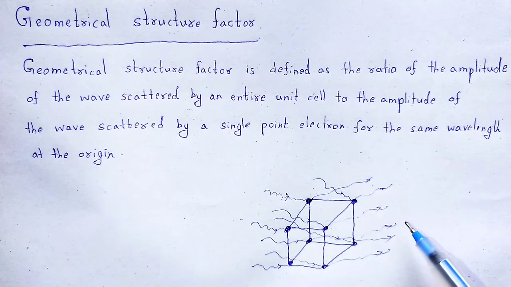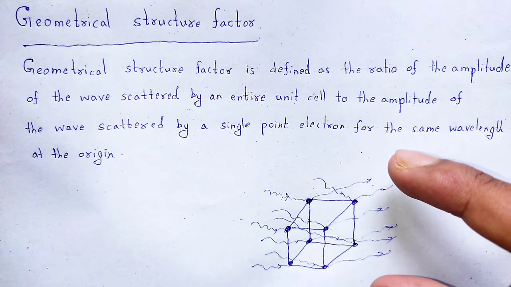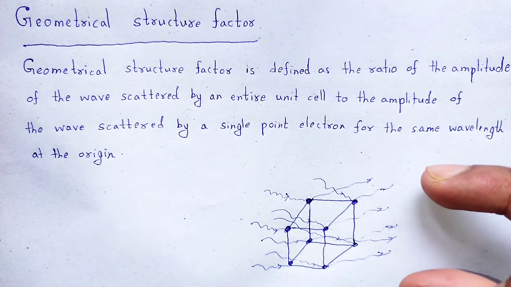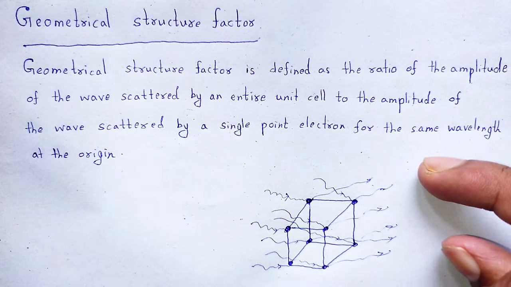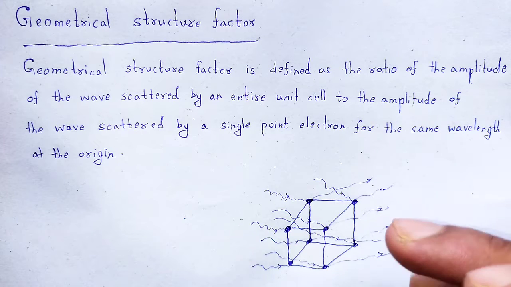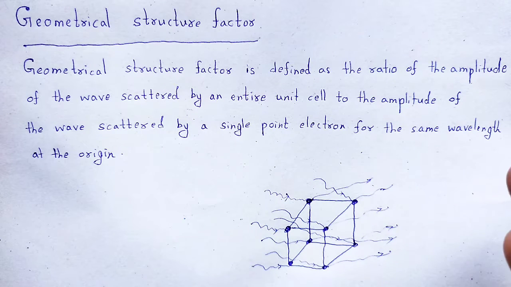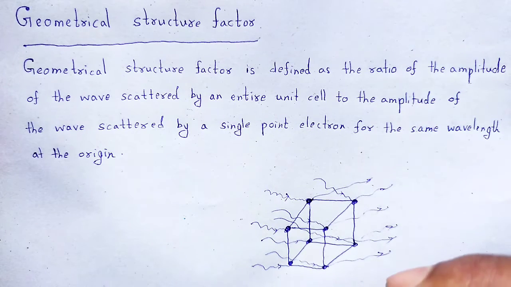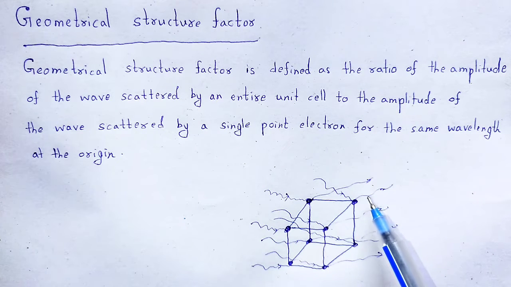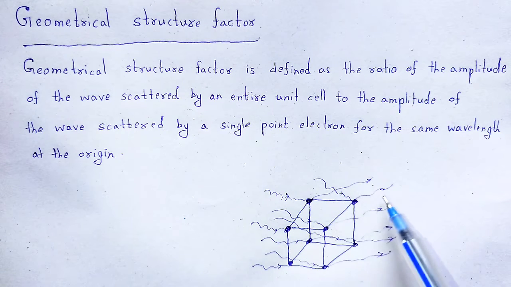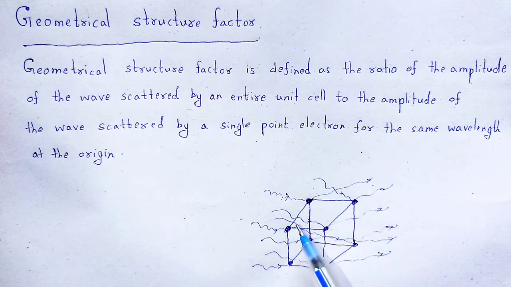Finally, these scattered radiations or scattered waves interfere with each other, and different crystals have different kinds of scattering patterns, because of the path difference covered by X-rays after reflection from different atoms.